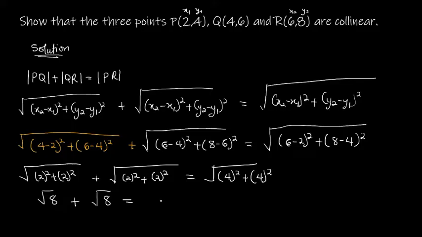This side will give me 4 squared is 16 plus another 4 squared, which is also 16, so that will give me root 32.